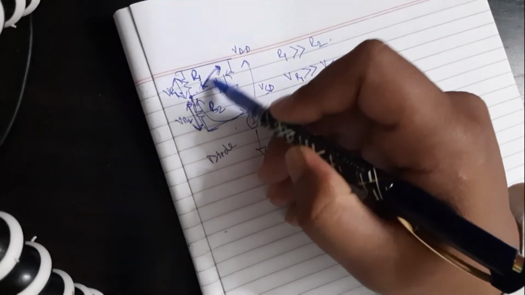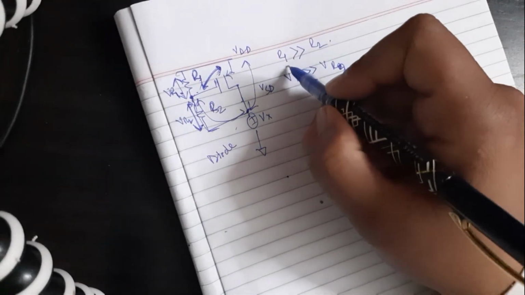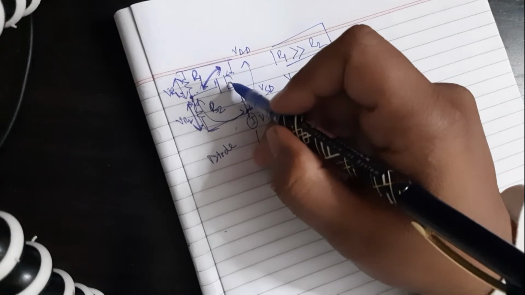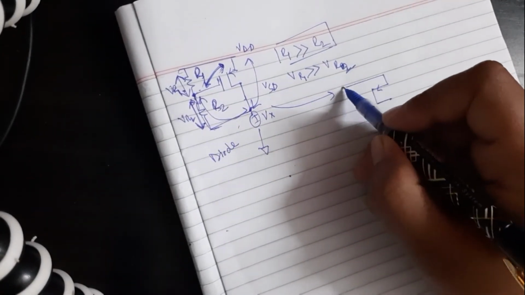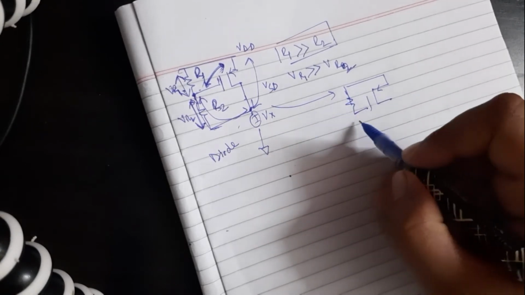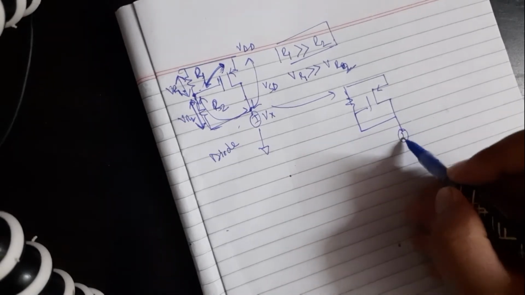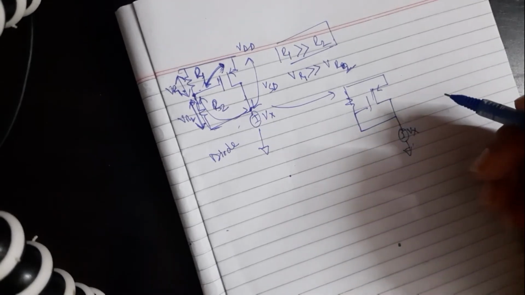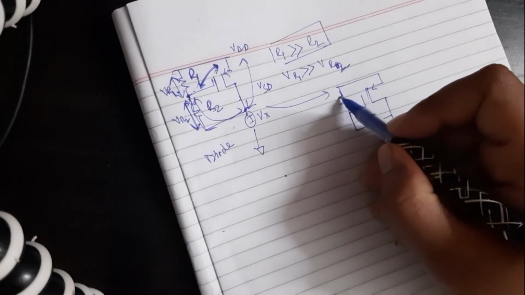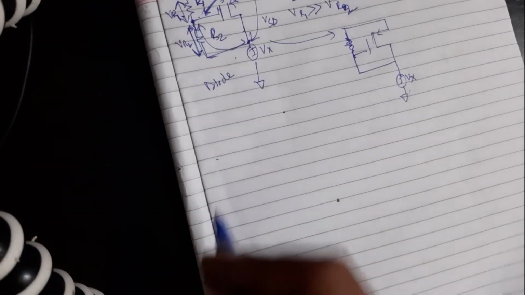And since the value of VGS is also quite high, the currents are also quite high. So in this case, this essentially becomes this. It is basically a diode connected transistor. We can say that this is a degenerative resistor, but that's something we don't have to think of right now.